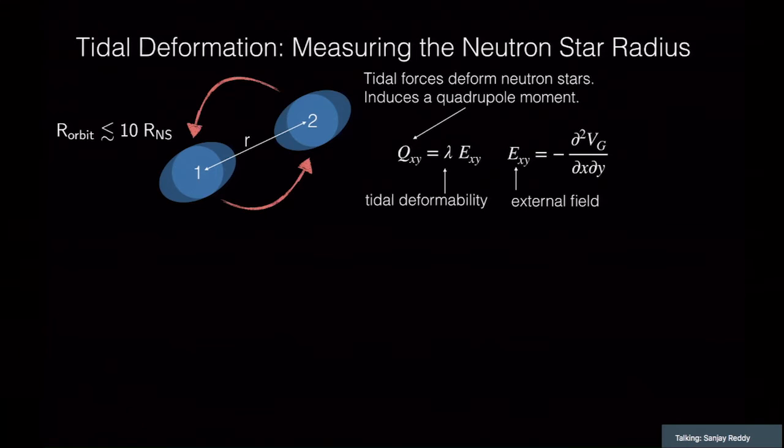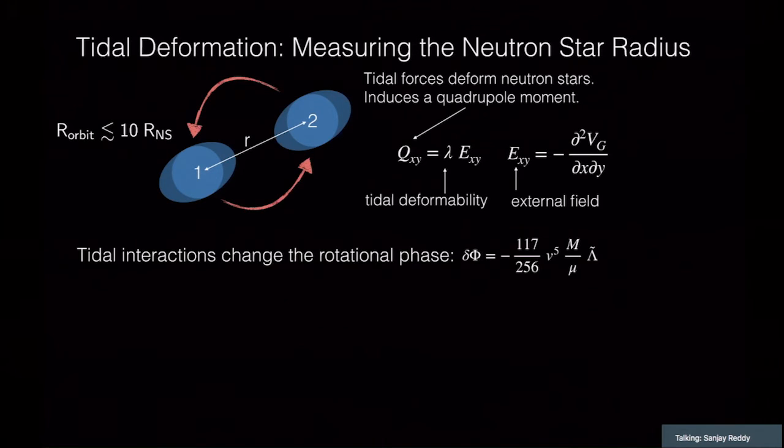Because the tidal deformations act on these two objects, the rate of inspiral changes. The two neutron stars are orbiting each other, and the orbital frequency changes with time because the system radiates gravitational waves. But when you have a tidal deformation, it changes the rate of change of this orbital frequency, because you're now moving energy from the orbital motion into the tidal deformation of the neutron star.